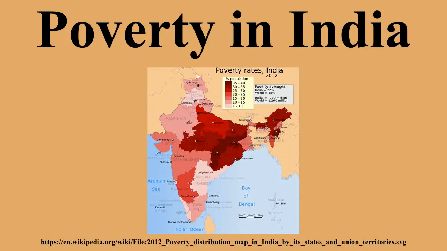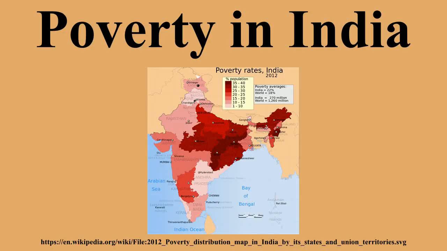The World Bank, in 2011, based on 2005's PPP's International Comparison Program, estimated 23.6% of the Indian population, or about 276 million people, lived below $1.25 per day on purchasing power parity.